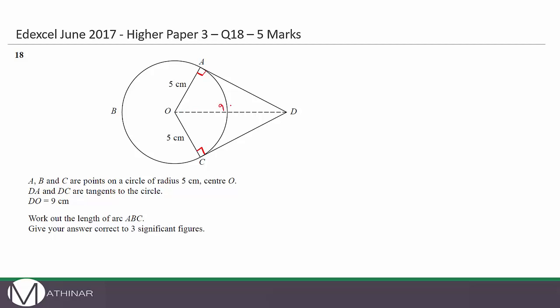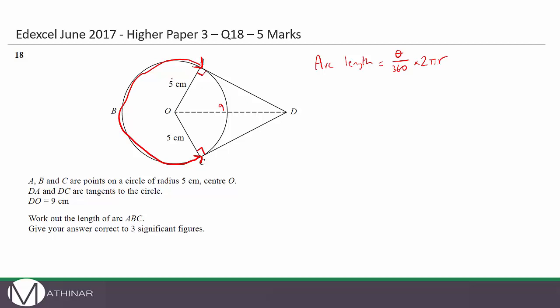Work out the length of arc ABC. So arc ABC is this major arc here. We're trying to find out the length of this arc. Okay, so the formula to work out the arc length is theta divided by 360 times 2 pi r.